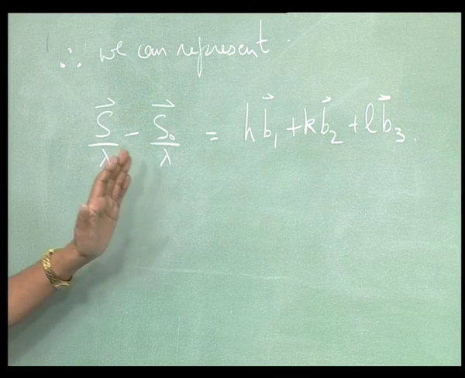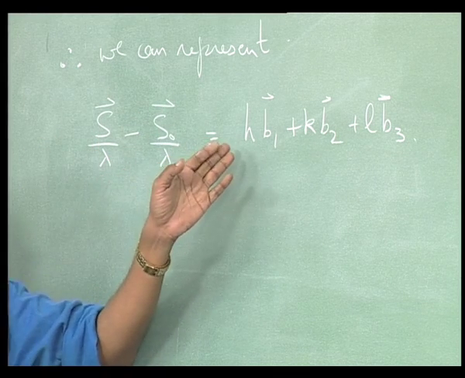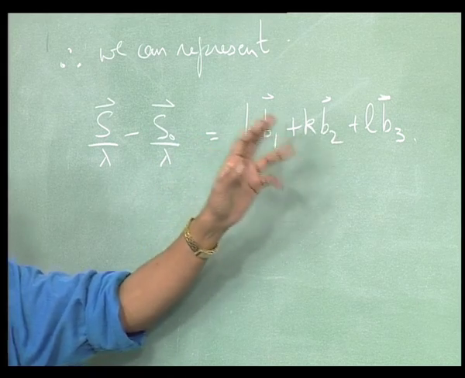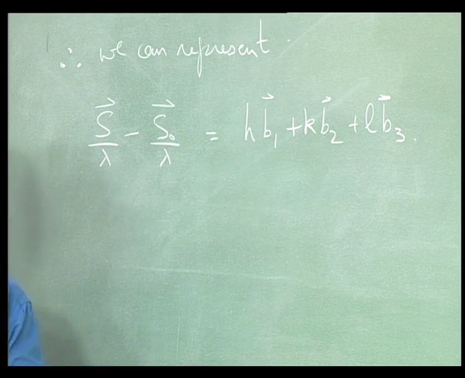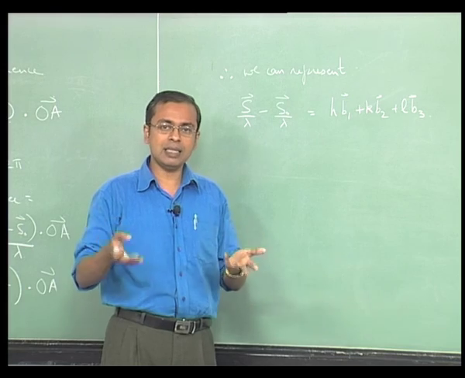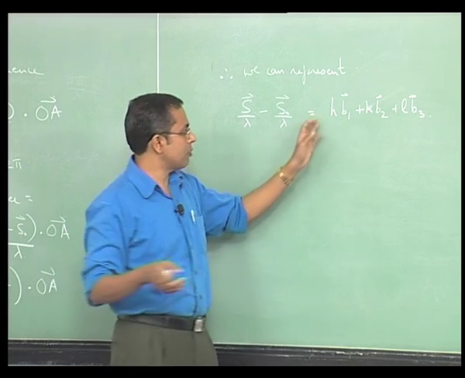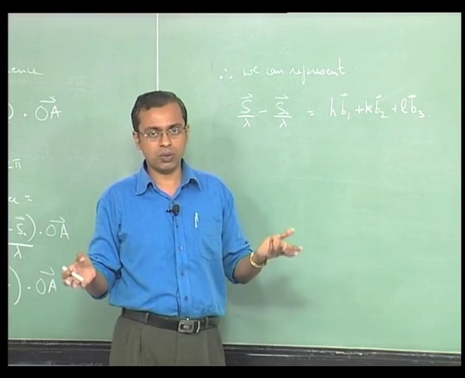equation, it therefore means that at the moment H, K and L can also be any arbitrary number. It could be an integer, it could be a fraction, it could be one of them could be a fraction, anything could be true, right.